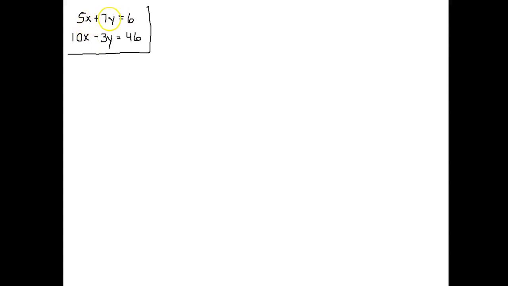If you really like x and don't want to get rid of it, and want to get rid of y instead, you could do that. You would have to multiply maybe this first equation by 3 to get 21y, second equation by 7 to get the negative 21y. So you'd have to multiply both equations by something. It's up to you. All right, let's take 5x plus 7y equals 6, and let's multiply by -2.